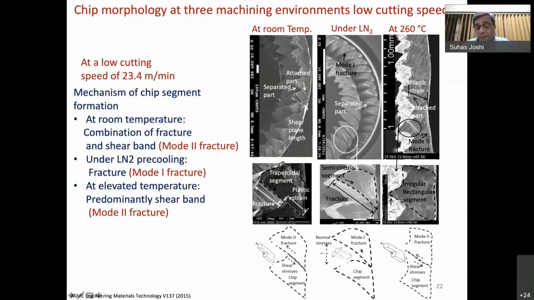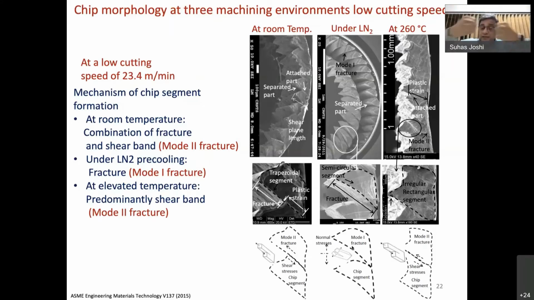If you look at the mechanism which is happening, the mechanism remains mode 2, that is a shear kind of fracture, at room temperature as well as at the high temperature. But at the low temperature, LN2, it is like a mode 1 kind of fracture.